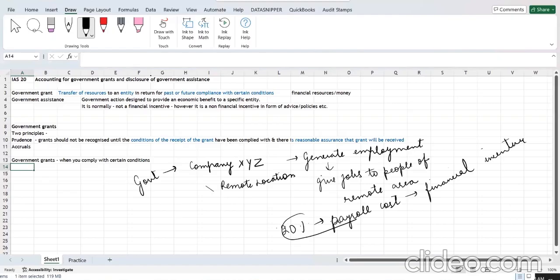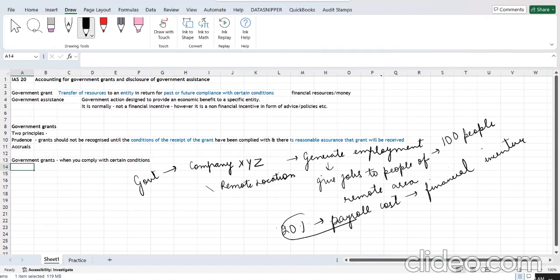Okay. So for example, you and the government will set a target: if you give jobs to at least 100 people in the village, in the remote area, then I will reimburse you 20% of the payroll cost.